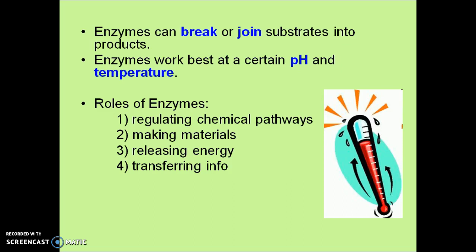For example, enzymes that are active in your stomach function really well at very acidic pHs like 1 or 2. Enzymes in your small intestine, which is actually joined to your stomach, function best at a more basic pH of around 8.